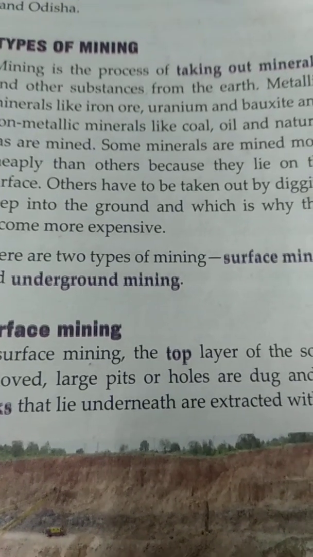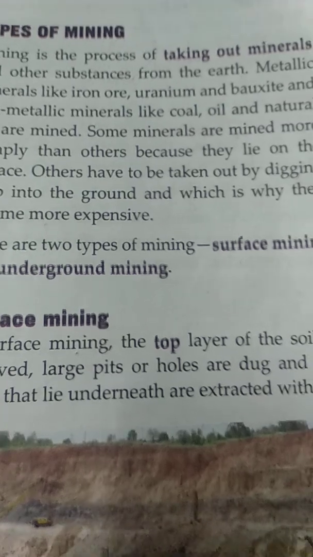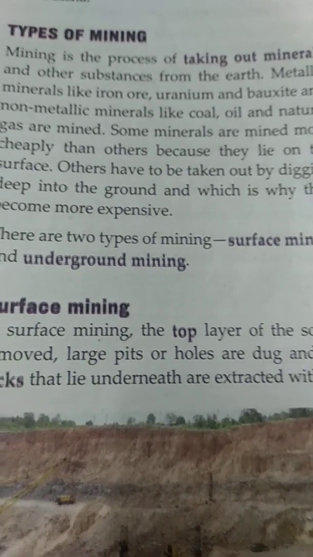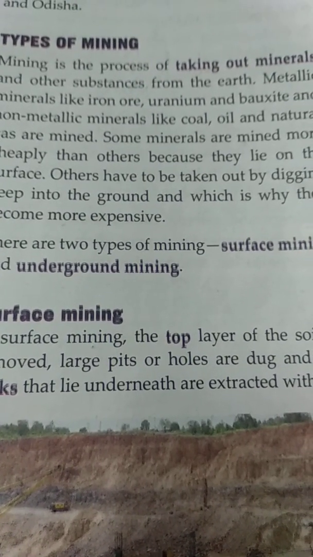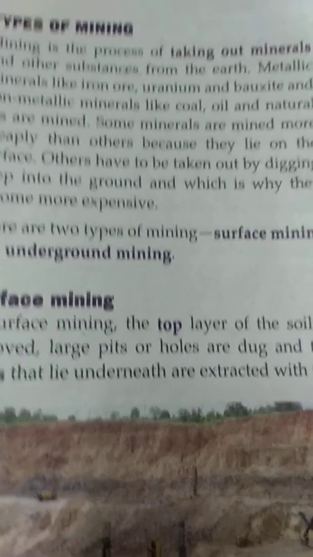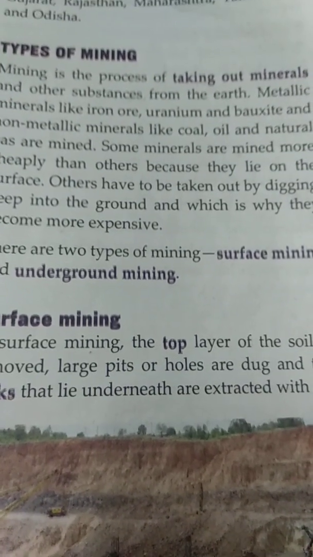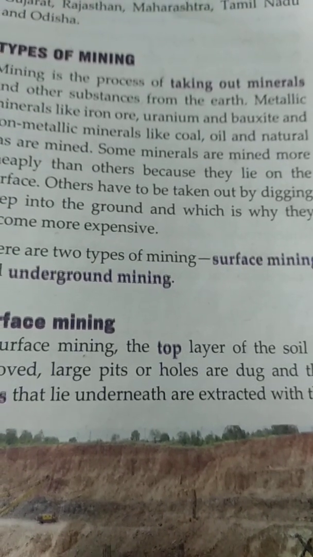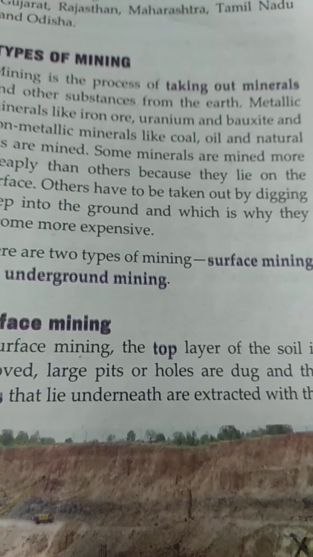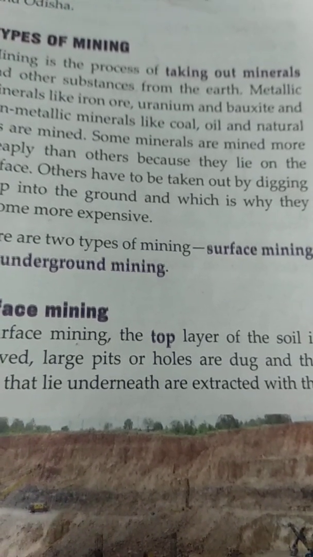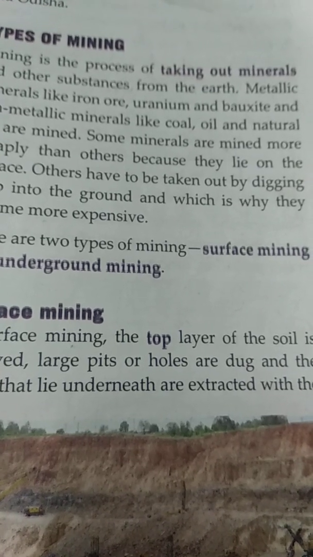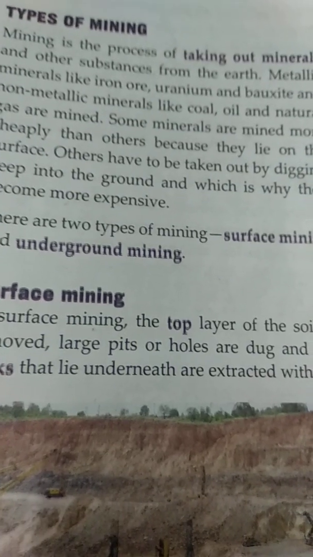So minerals are taken out from under the earth. Metallic minerals like iron ore, uranium, bauxite, and non-metallic minerals like coal, oil, natural gas are all mined. Some minerals are mined more deeply than others because they lie further down under the surface.